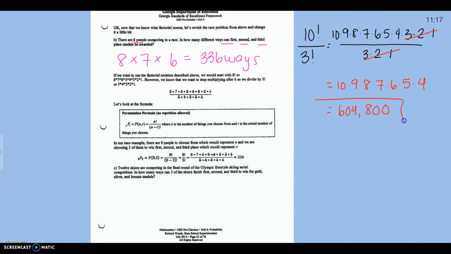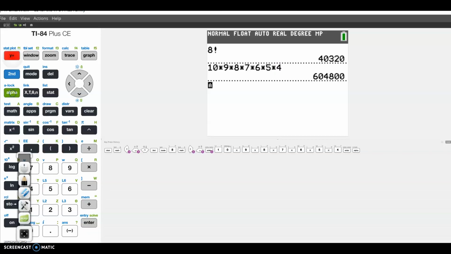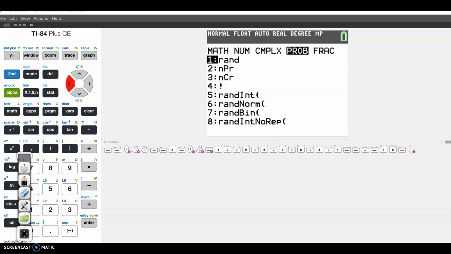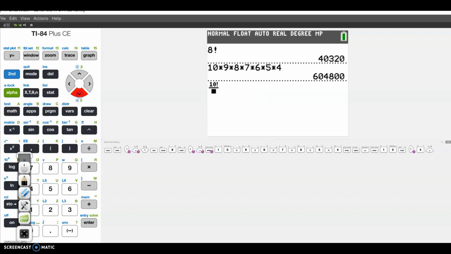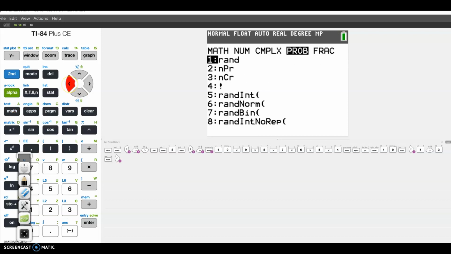Now you could type it in your calculator as 10 factorial over 3 factorial. So you could do 10 math, 10 factorial over 3 factorial.